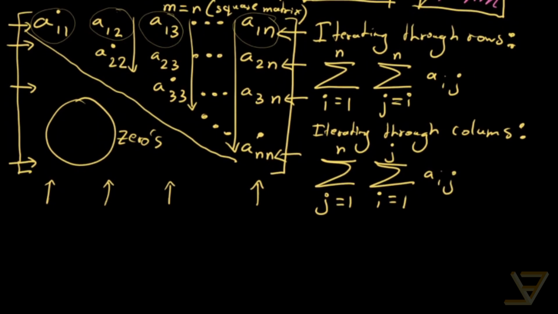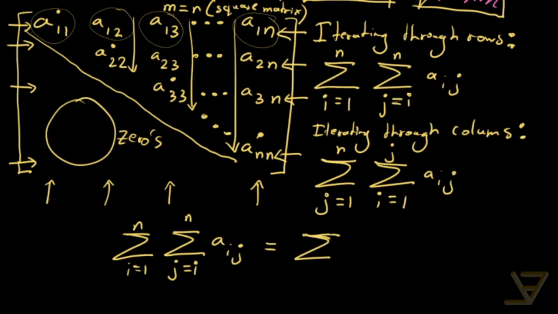So what that tells us is that the sum of i equals 1 through n, nested with the sum of j equals i through n of aij, is equal to, when we swap j and i, we get j equals 1 through n, and i equals 1 through j of aij.